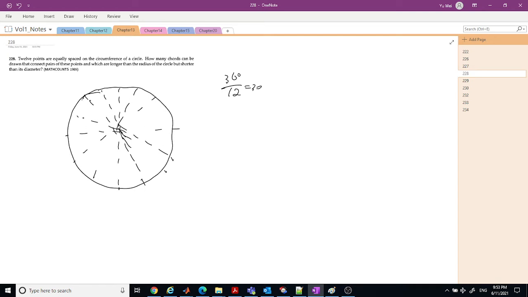Okay, so now let's see. Okay, so this is the A1, and this is the B1, and this is A2, this is the B2, this is the A3, this is the B3, this is the A4, this is the B4, this is the A5.